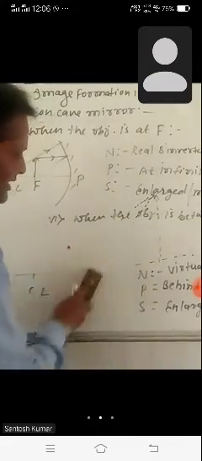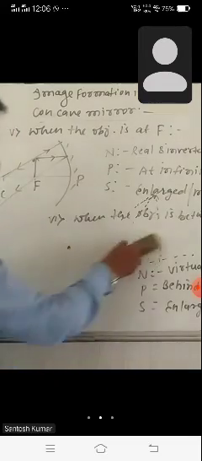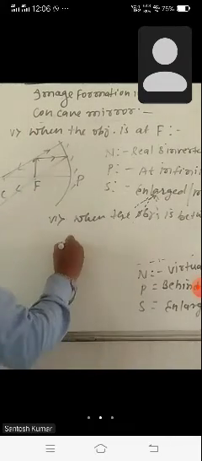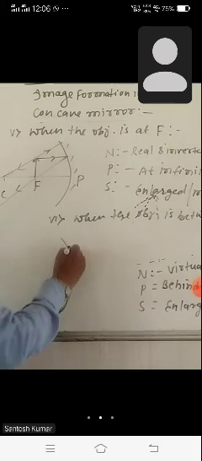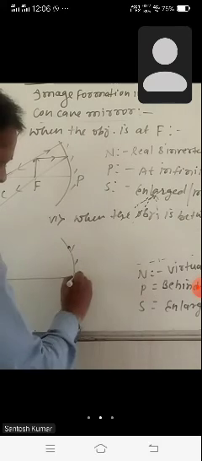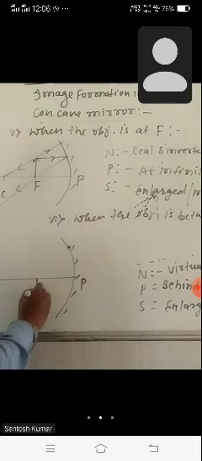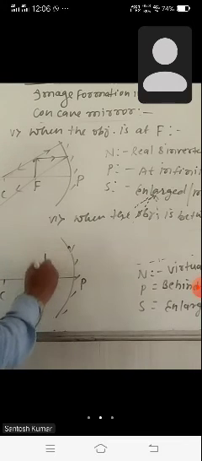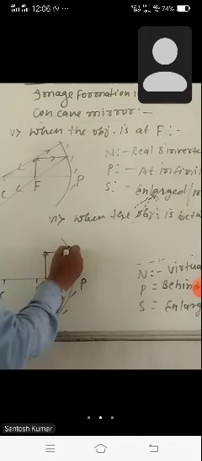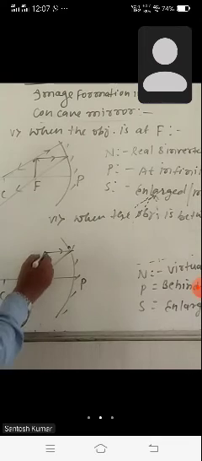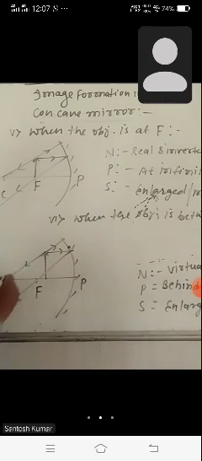Just see. I am again drawing another diagram, but the answer will be the same. So here P, F, C. The object is here. The first ray passes through the focus. The second, this C. Just see, this is diverging away.